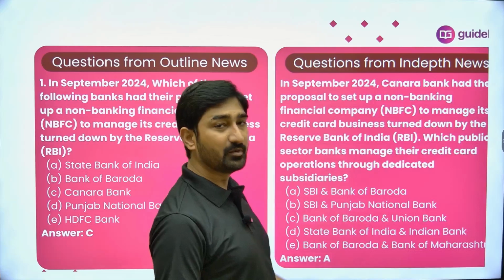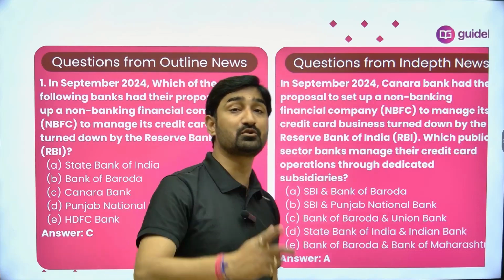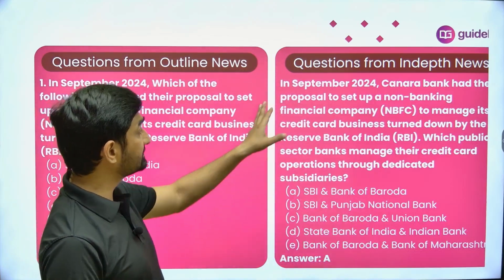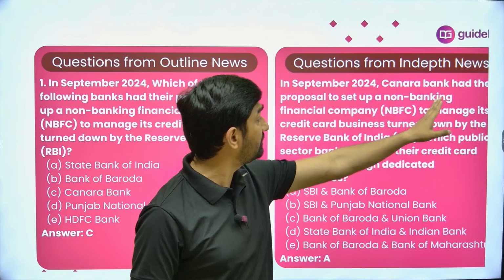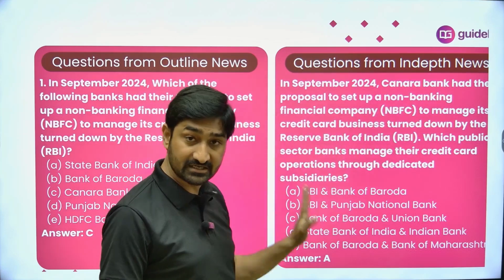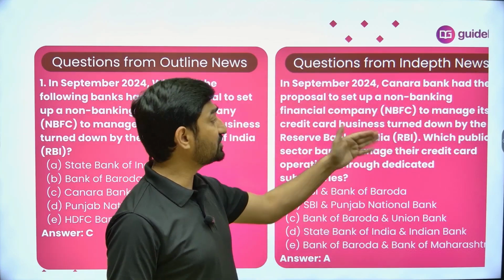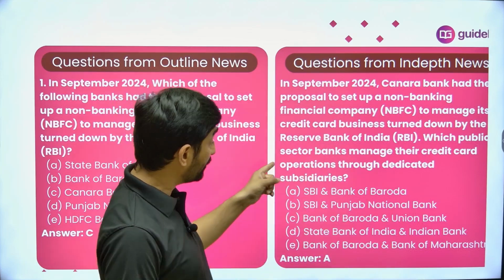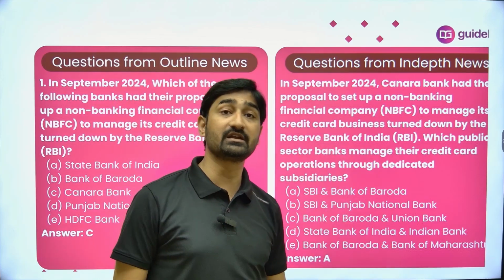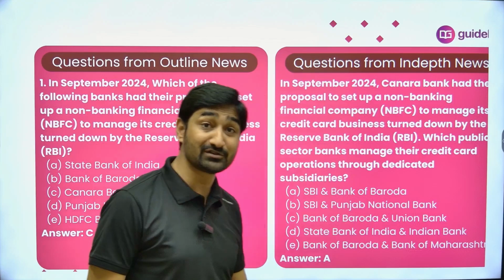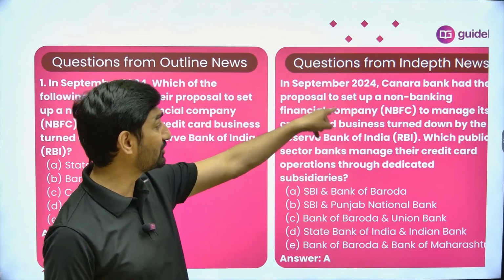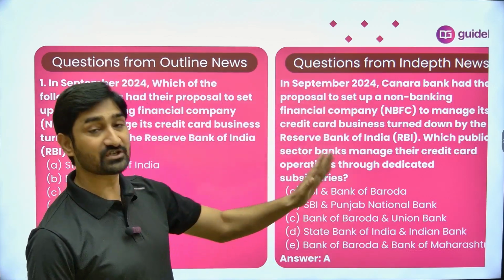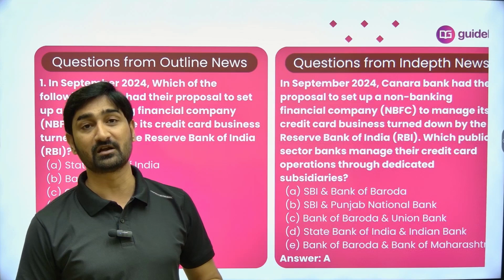Now a little bit difficult, or we can say an in-depth question based on the same news: in September 2024 Canara Bank applied and RBI rejected the application of Canara Bank for running their credit card business in India. Question is, which other banks are running their credit card business in India? So now this is an indirect question. They are not talking about Canara Bank, they are asking which other public sector banks are running their credit card business in India.